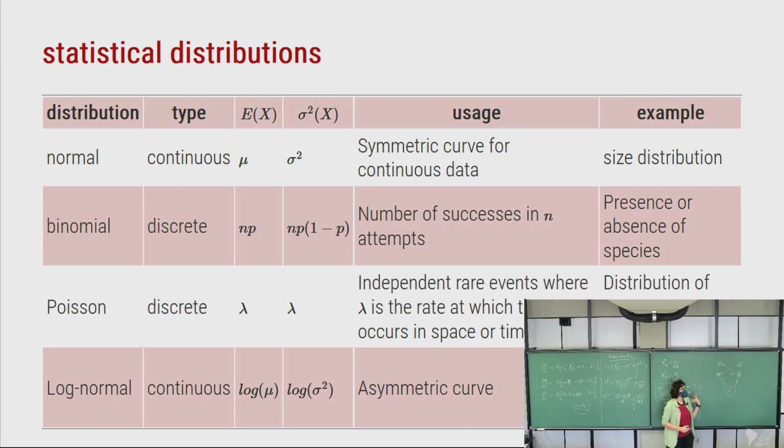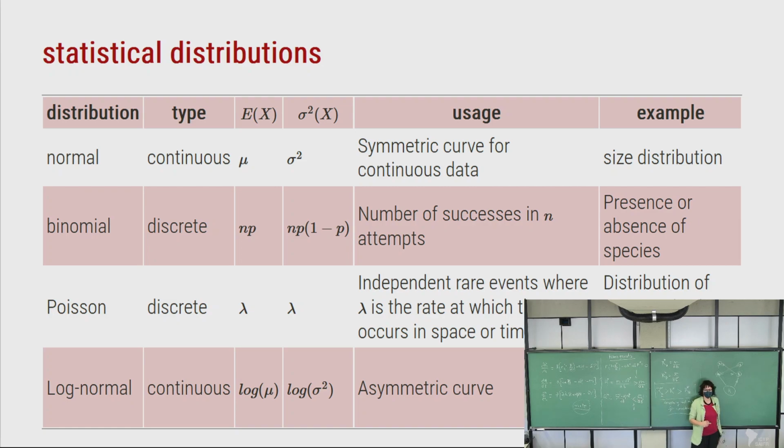But besides understanding general patterns of the data, we need to understand what distribution our data follows. And here, I'm bringing 4 examples. I have 2 continuous variables, normal and log normal. What I want to show you is that we can describe a statistical distribution based on the expectancy and the deviation of the distribution.